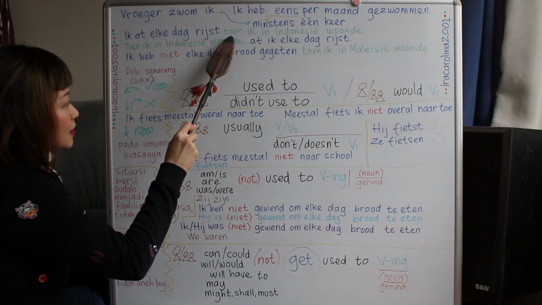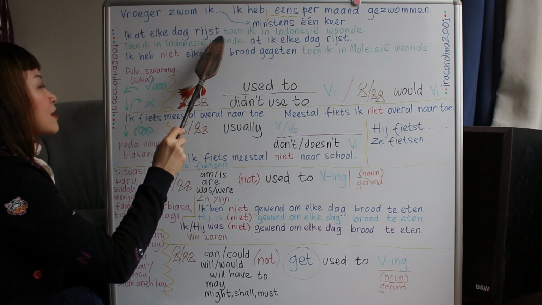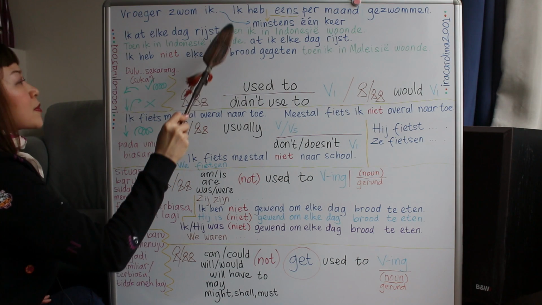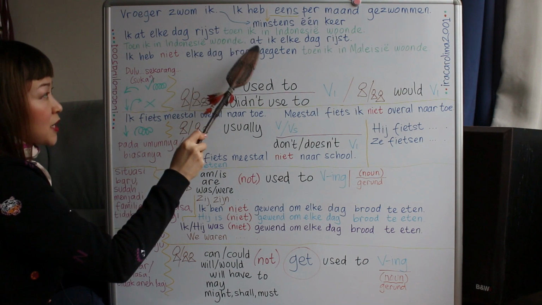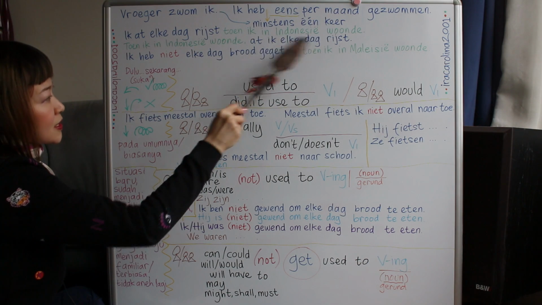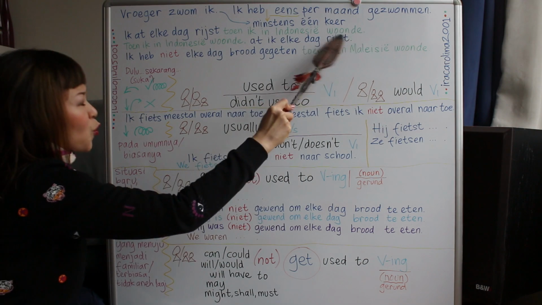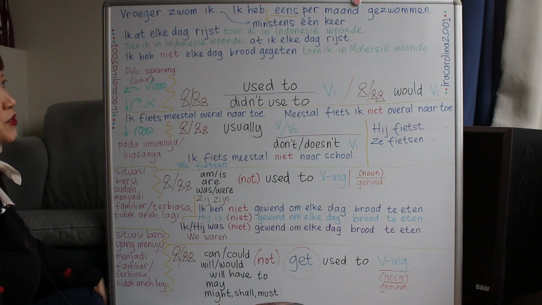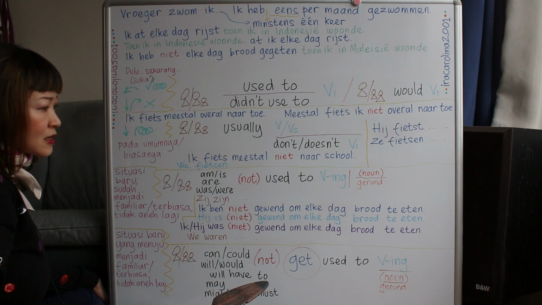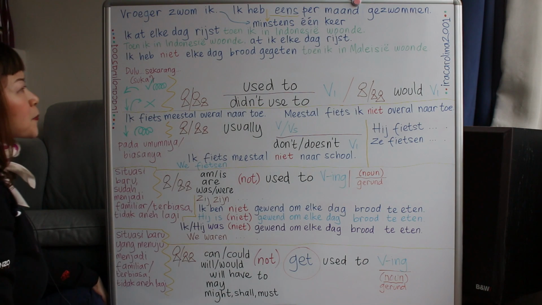Toen, then, or when, or at that time. Ik, I, in Indonesia, Indonesia, woonde. This is the past for live.